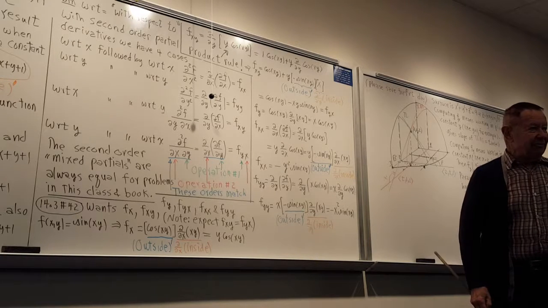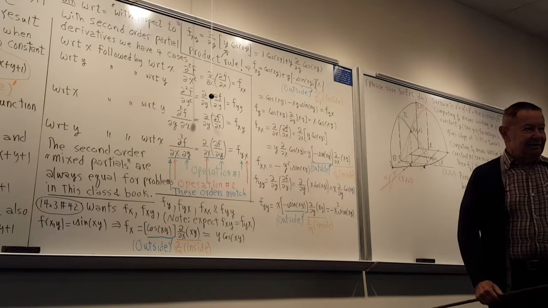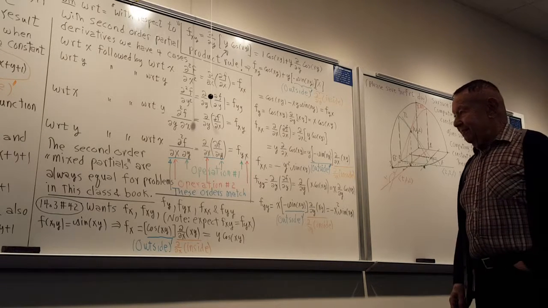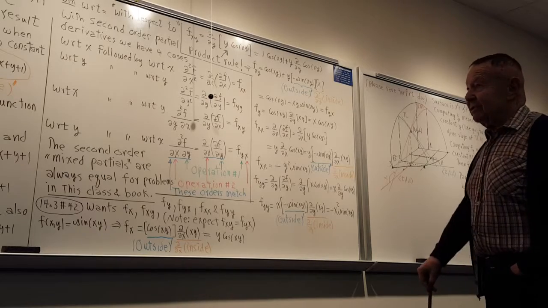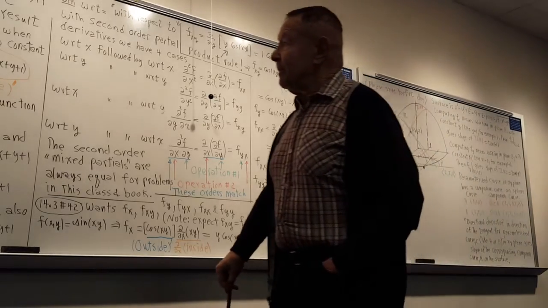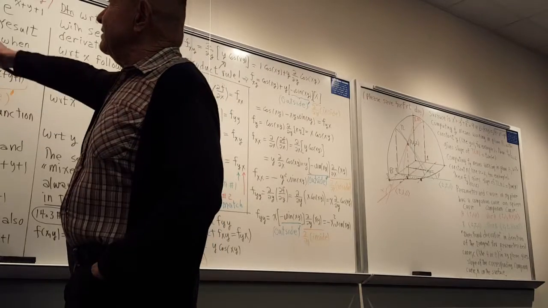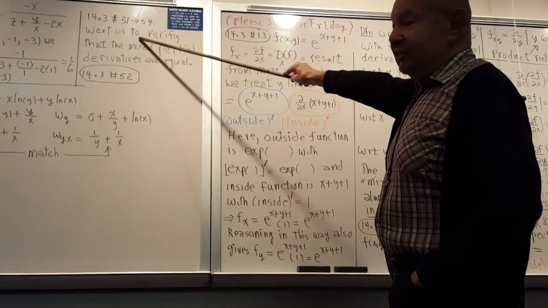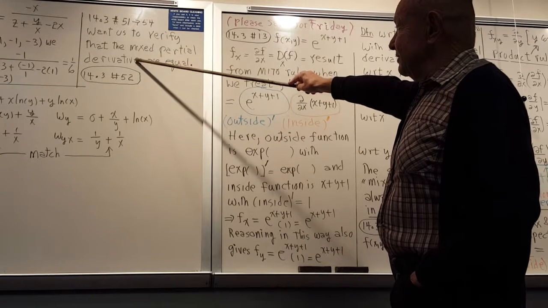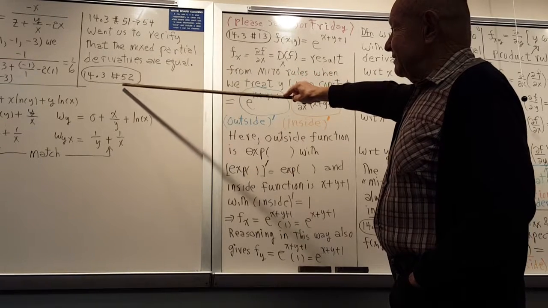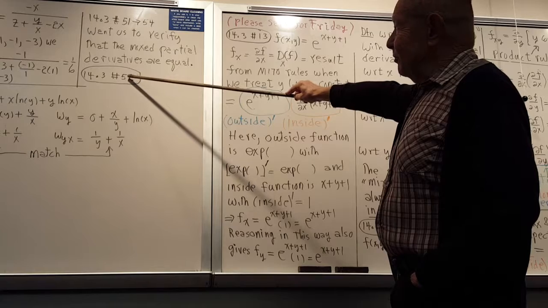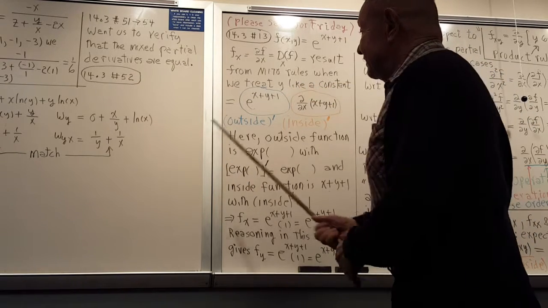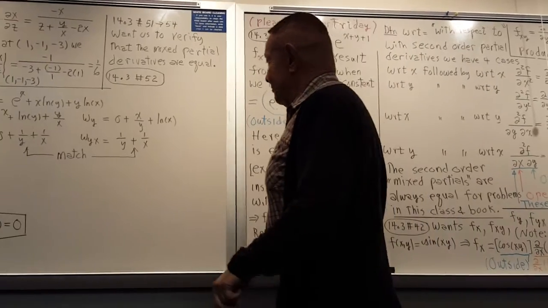But normally you wouldn't do it in both orders. Okay, so for instance, problems 51 through 54 want us to verify that the mixed partial derivatives are equal. So let's skip over here to 52 since I'm on that topic, and we'll see that they do match.